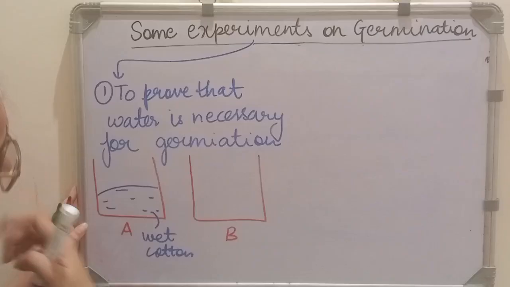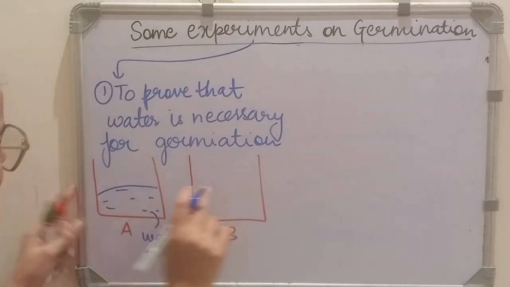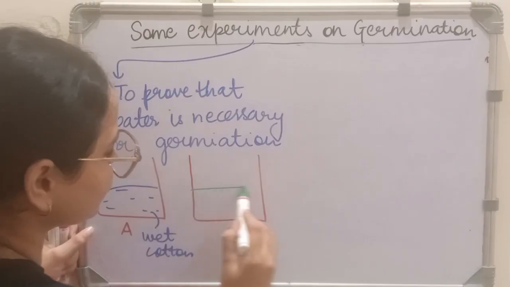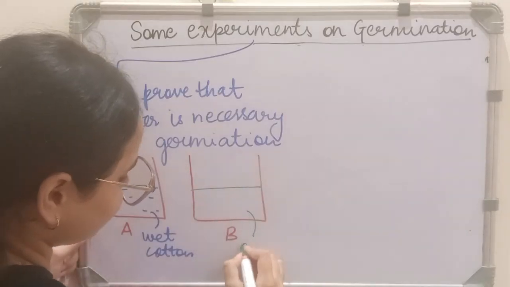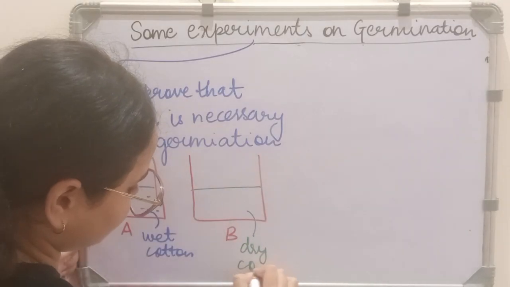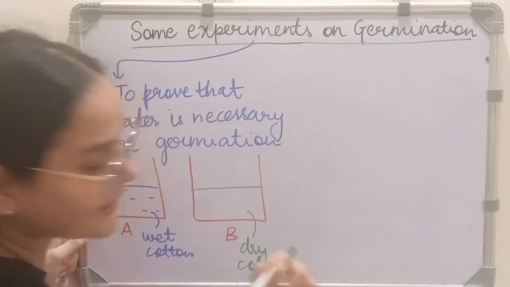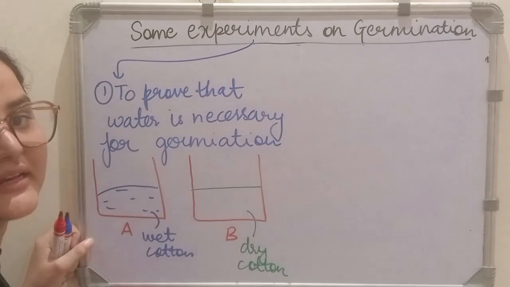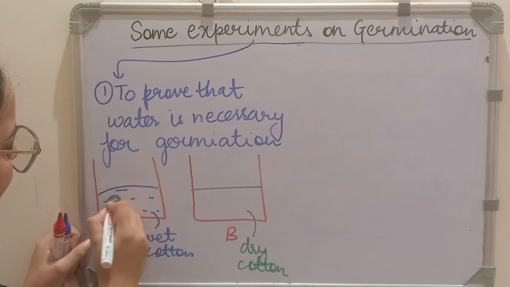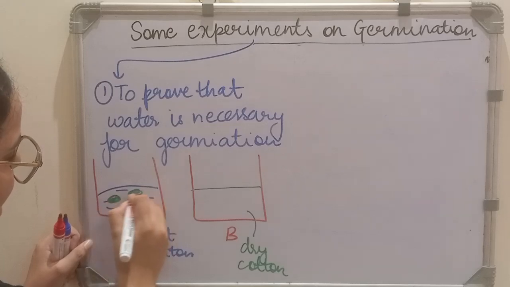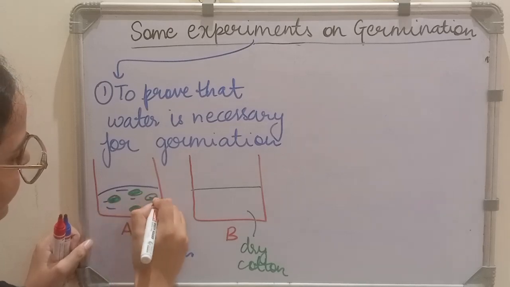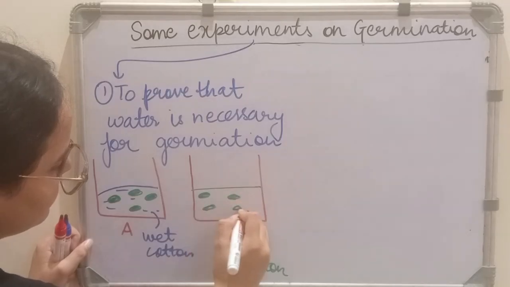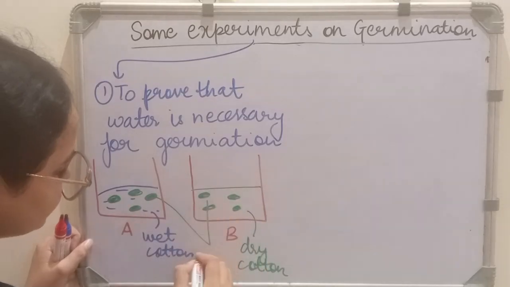And in the second one, we have placed just normal dry cotton, without any water. And then we have placed our seed, maybe pea seed or bean seed, any seed you have placed here. So these are our seeds.